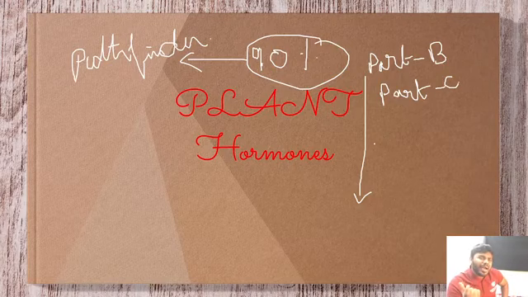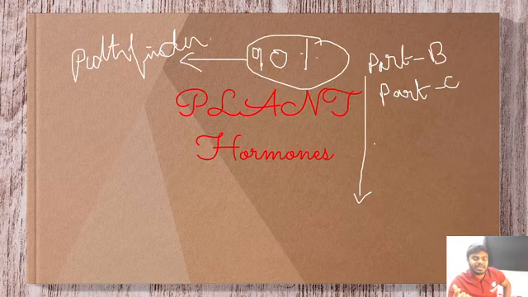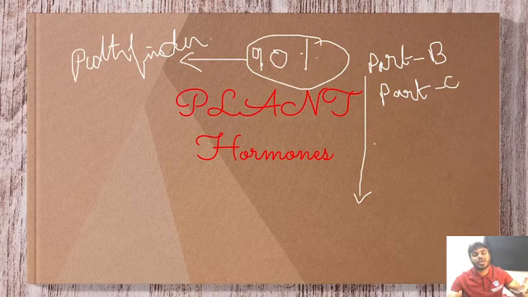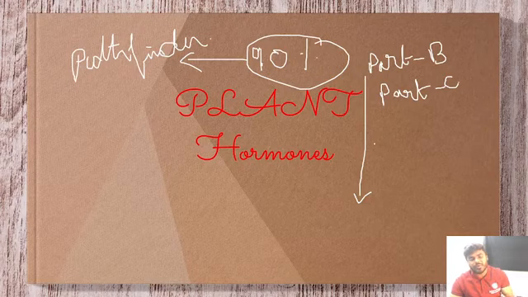Plant hormones, secondary metabolites, stress physiology, sensory photobiology, transport in plants. These five topics are informative topics, which means a lot of information to be remembered, and at the same time a lot of information to be understood also.